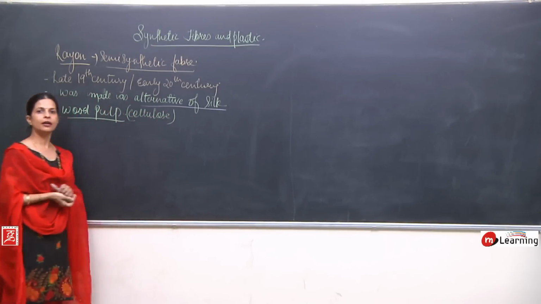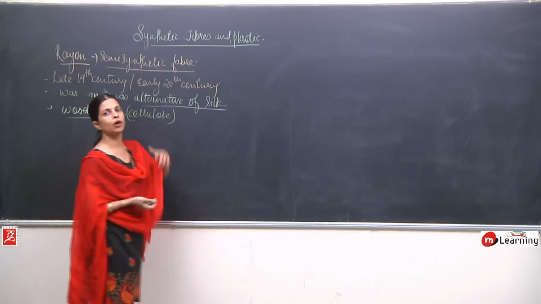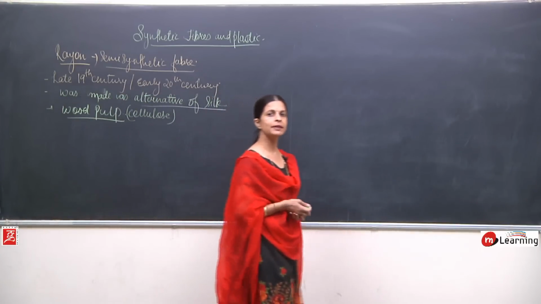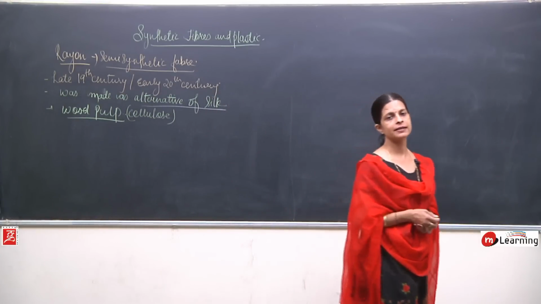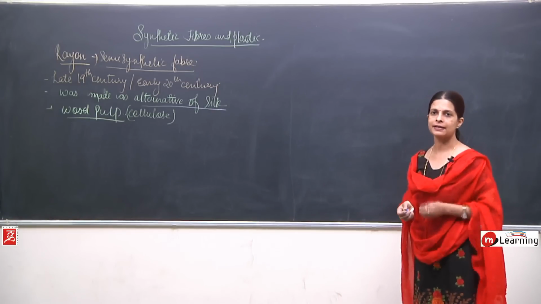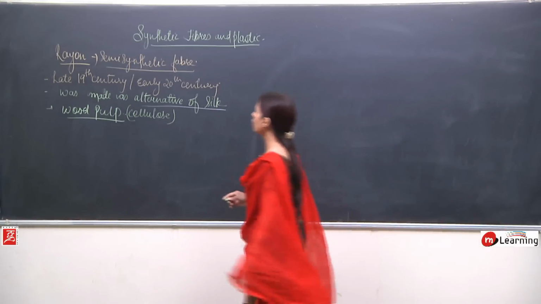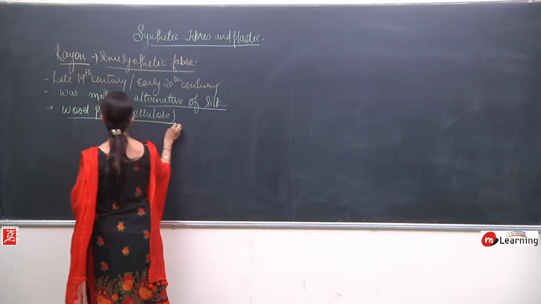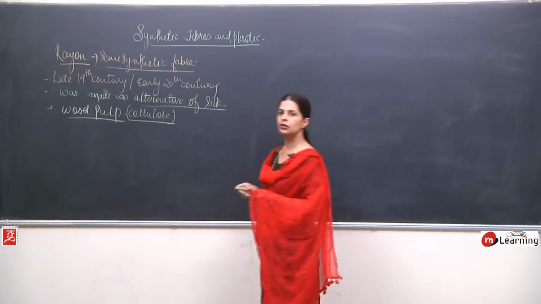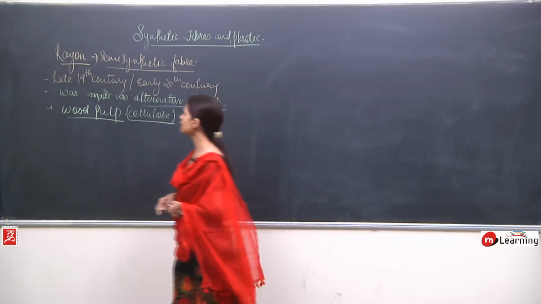So it came into existence as an alternative of silk. That means it has characteristic features like silk, which we are going to talk about now. But before that, we will talk about how wood pulp is used and what is done to wood pulp to convert it into rayon.